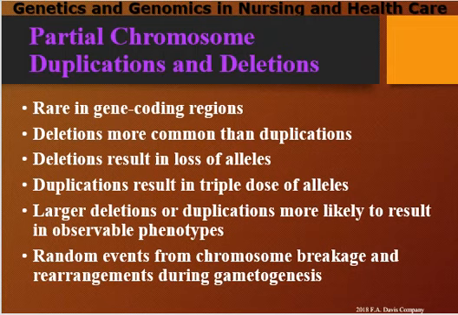Larger deletions or duplications are more likely to result in observable phenotypes. Just like I mentioned earlier in the first section, with smaller deletions or a smaller component that's affected, there are fewer alleles, so the phenotype is less likely to be as expressed than in the larger chromosomes. Random events from chromosome breakage and rearrangement during gametogenesis are the cause of this.